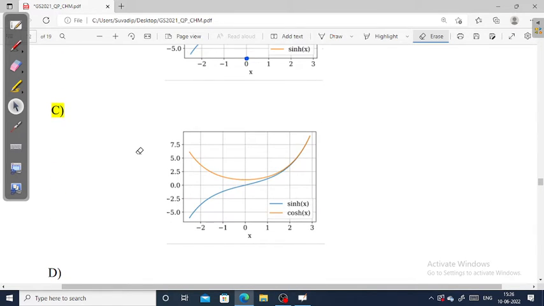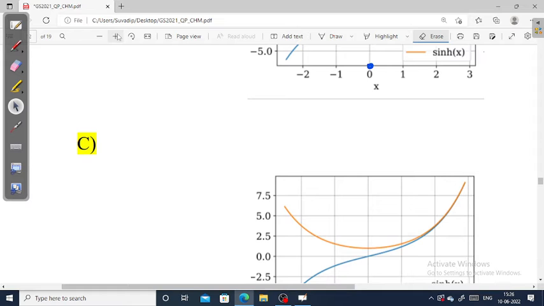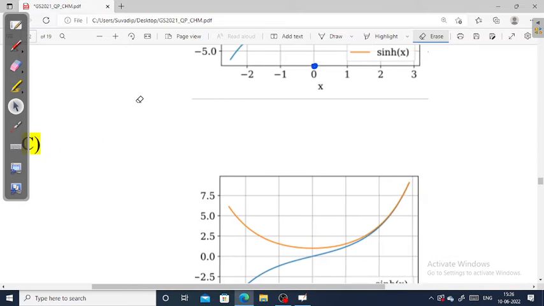Let's see option number C. Here you can see that at x equals 0, the blue line, which denotes the sine function, is 0. As well, if we want to find out the cos function here, let me zoom in on this point.